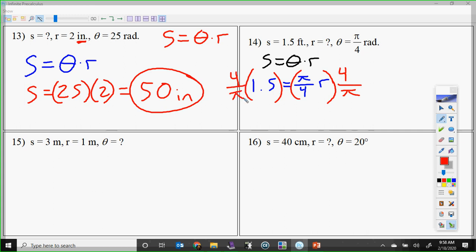I'll grab my calculator. So 4 times 1.5 divided by pi, and I end up with 1.91, rounded to 2 decimal places. That's my R, and I do want to remember that since S is in feet, that's 1.91 feet.